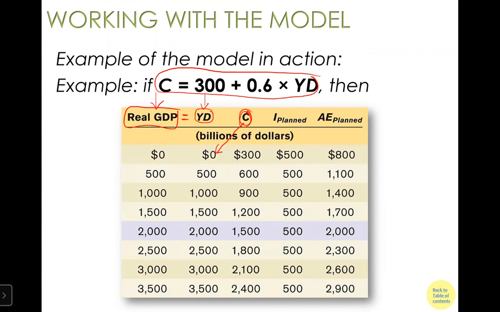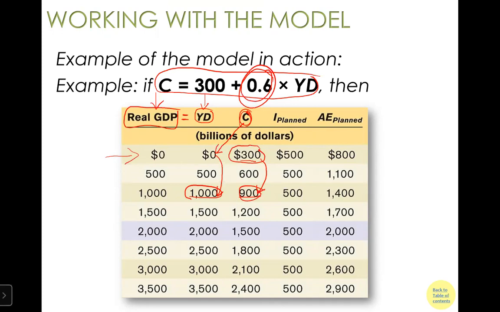Even though your income is 0, you must spend 300. Your income increased by 1,000 and your spending increased by 600, right? 900 minus 300 is 600. So as your income increases from 0 to 1,000, that reflects the marginal propensity to consume.